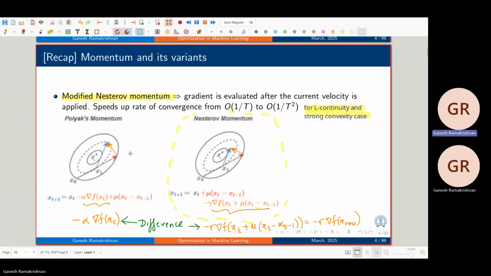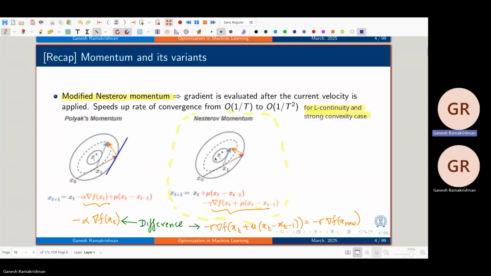You can see here you observe this gradient doesn't seem to be normal to the tangent. Here, this should have been the tangent, right?